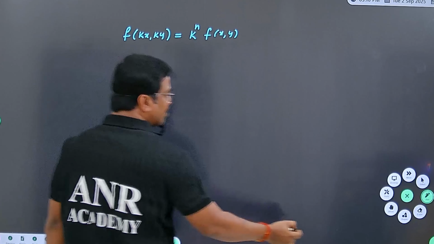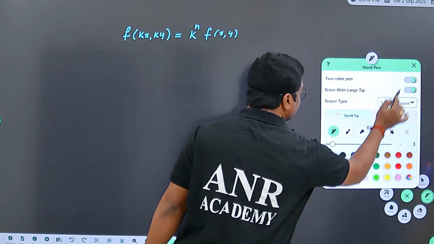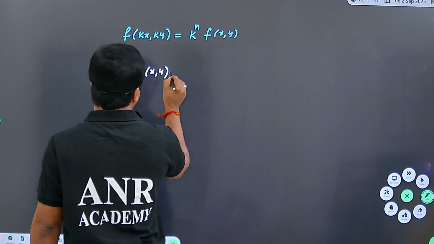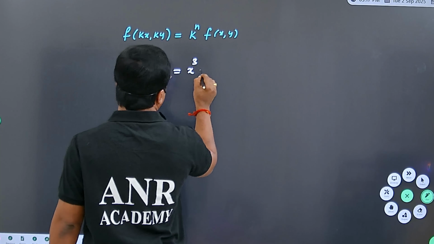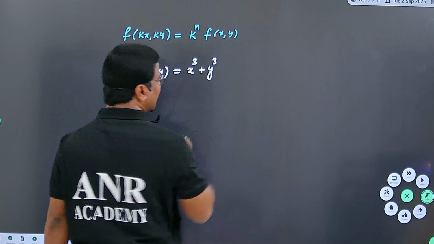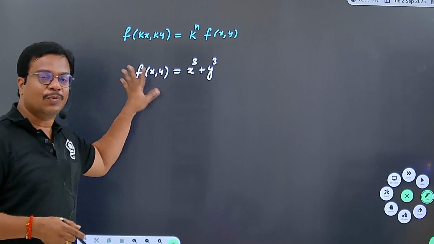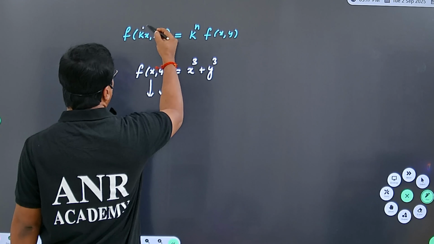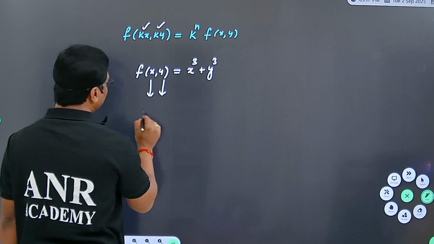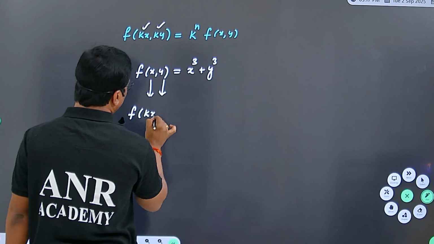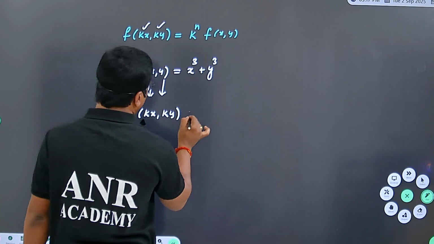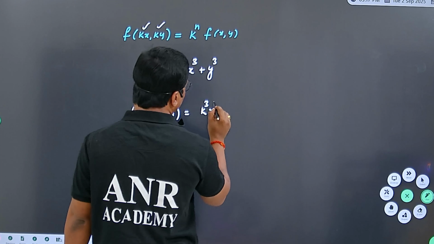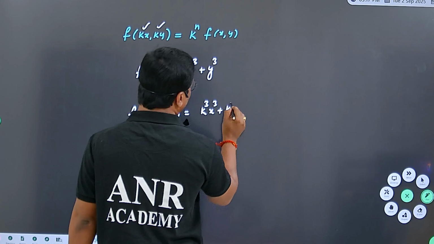For example, suppose there is a function of x comma y, x cube plus y cube. Let us cross check whether it is homogeneous or not. In place of x and y, you have to replace kx and ky. Automatically it becomes x cube k cube and y cube multiplied by k cube.